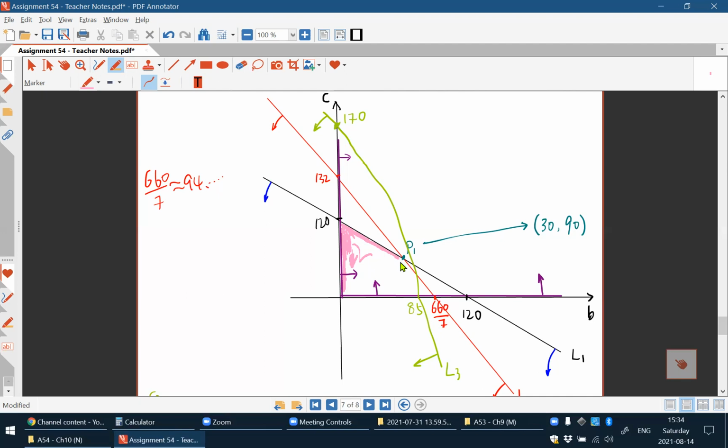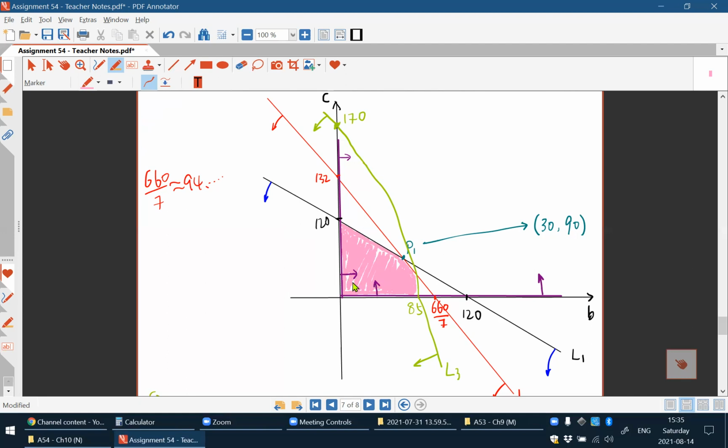And it also should be below the red line, which is L2, right? And also below the green line, which is here, right? So last, it also should be above the horizontal axis. So basically, this is our bounded area. We need to check the target value only at the vertices of this bounded area.